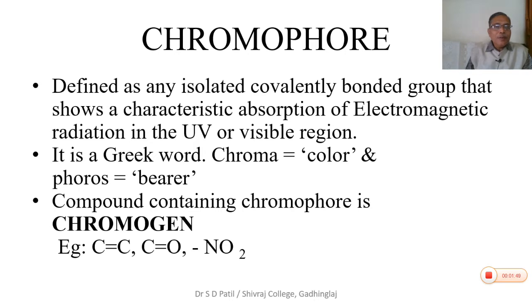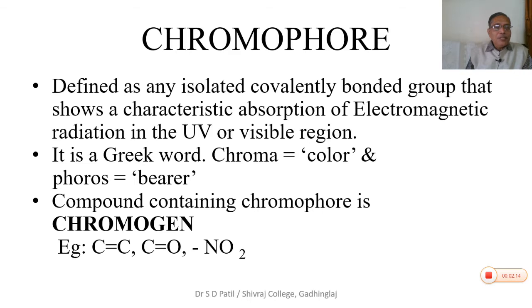So a chromophore is defined as any isolated covalently bonded group that shows a characteristic absorption of electromagnetic radiation in the UV or visible region. So what is the property? The property is an isolated covalently bonded group that shows absorption in the UV visible region.